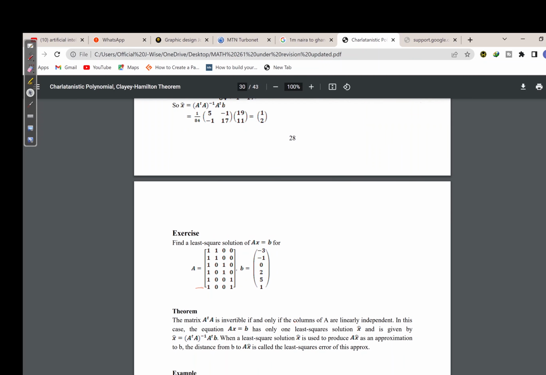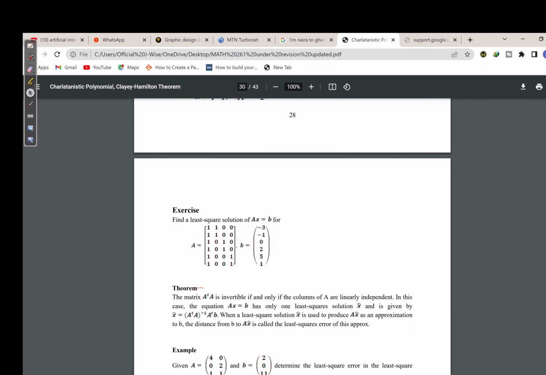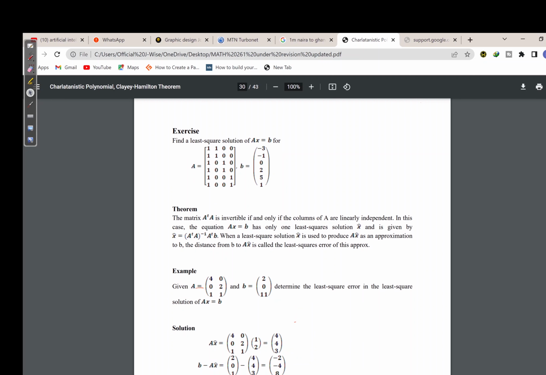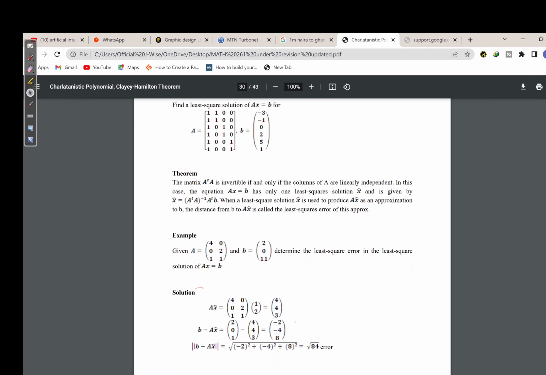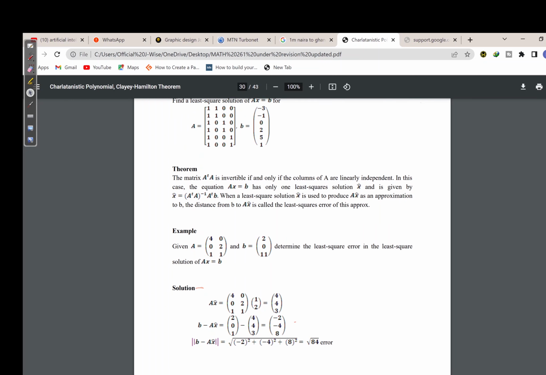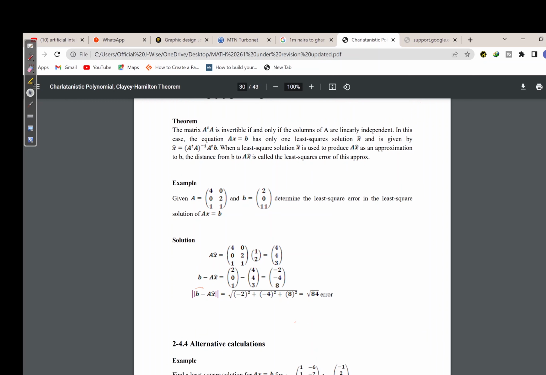Okay, now let's discuss another important thing here. Let's talk about least square error.